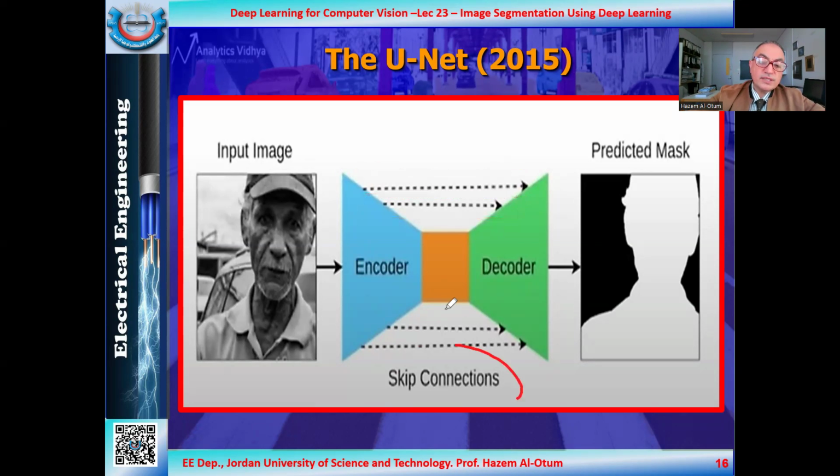These connections are called the skip connections. They are very similar to the skip connections in the ResNet. Here we try to transmit the information from the encoder to the decoder. This is in order to improve the quality of the output image and keep a sort of residual information about the output to get it in classes.